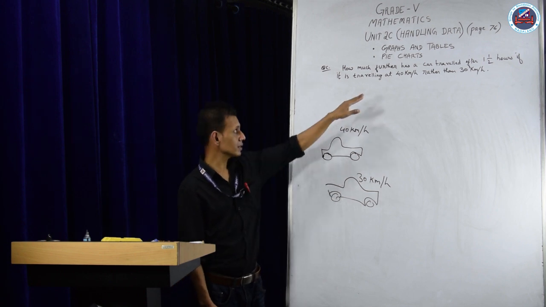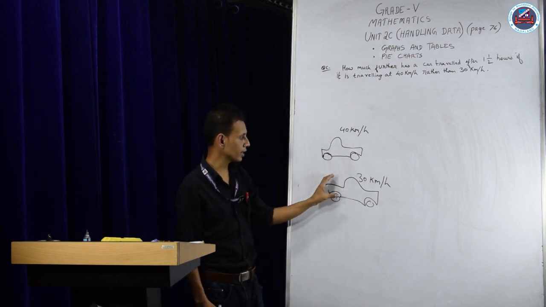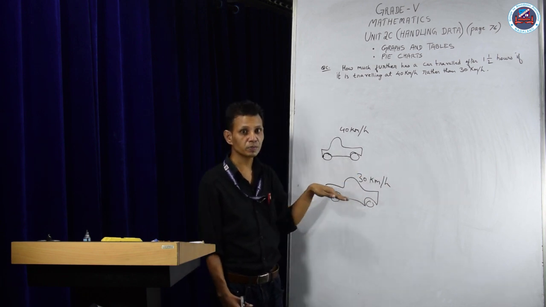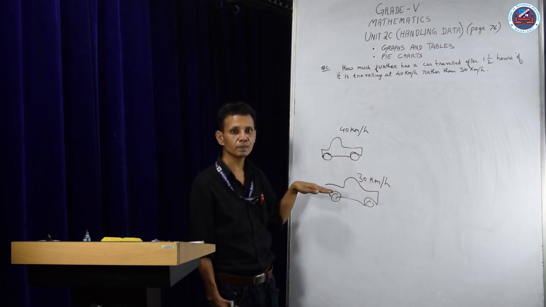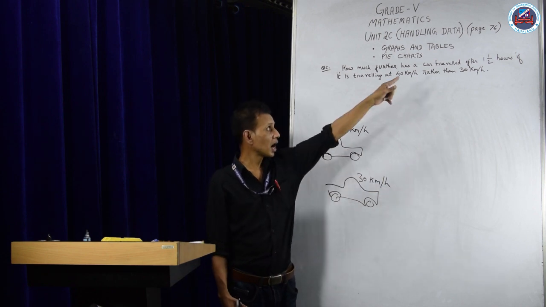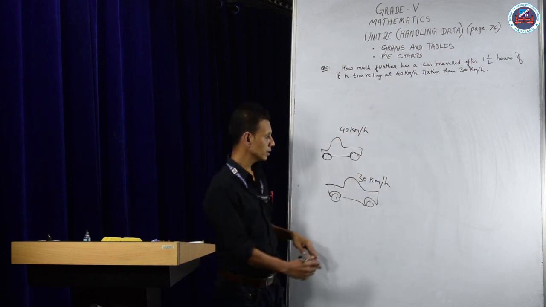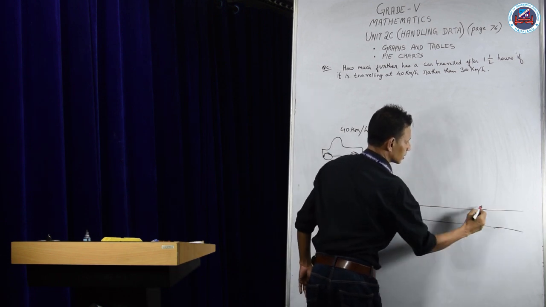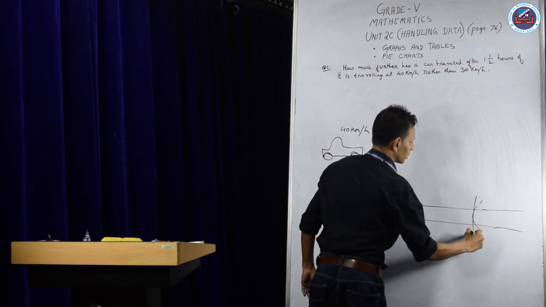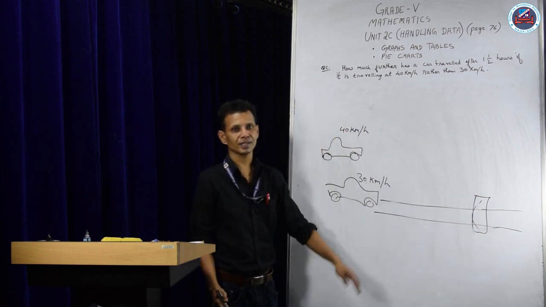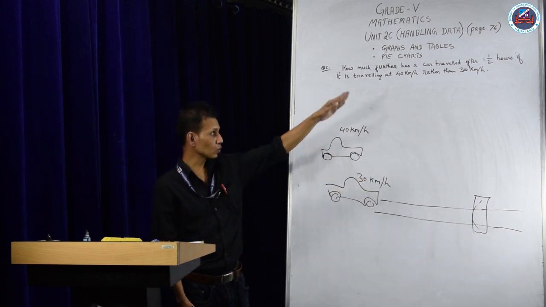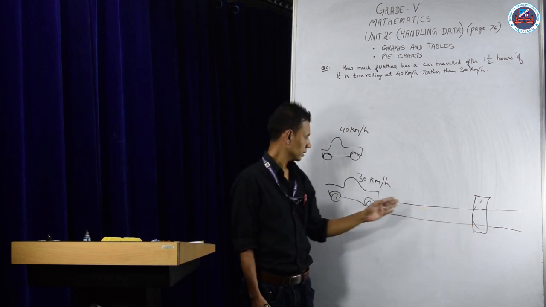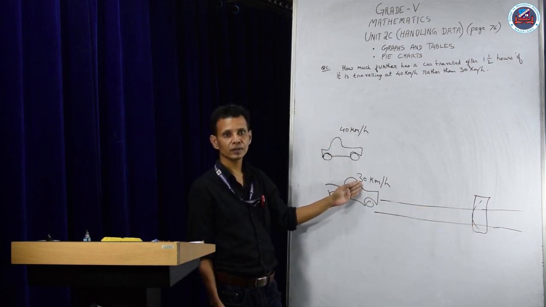Look at this part: the car is traveling at 30 kilometers per hour. After 1.5 hours, where will the car reach? Somewhere here, we don't know, just assume somewhere there. After 1.5 hours, the car will reach here. Its speed is 30 kilometers per hour.